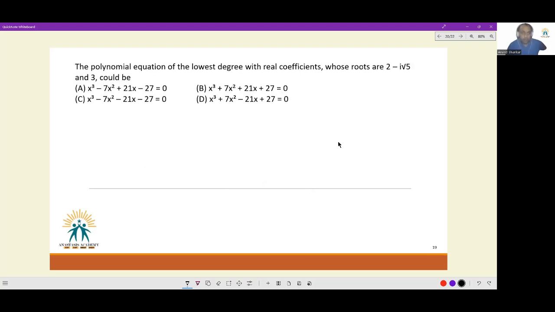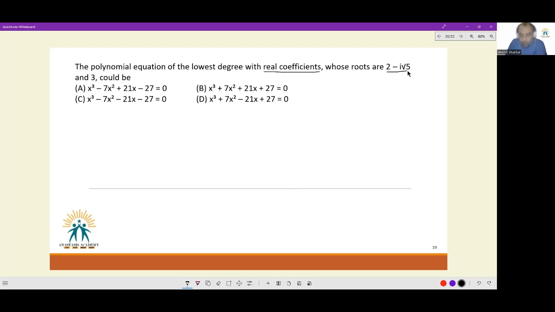Next, the polynomial equation of the lowest degree with real coefficients. Its roots are 2 minus i root 5 and 3, could be. Okay. When we are saying real coefficients, it means all the imaginary roots that exist will exist in conjugate pairs.